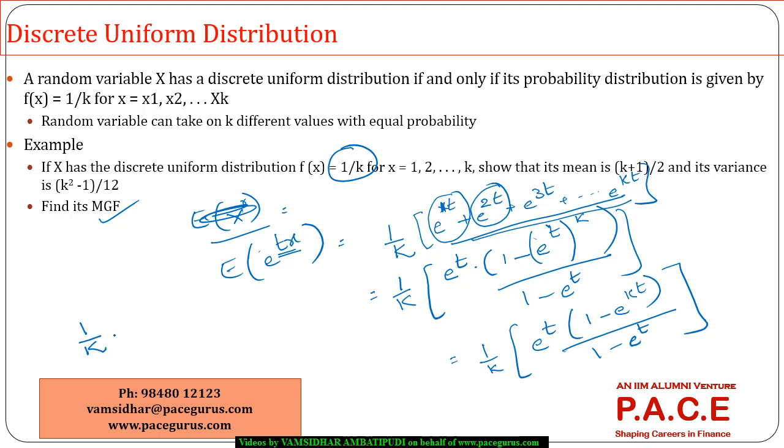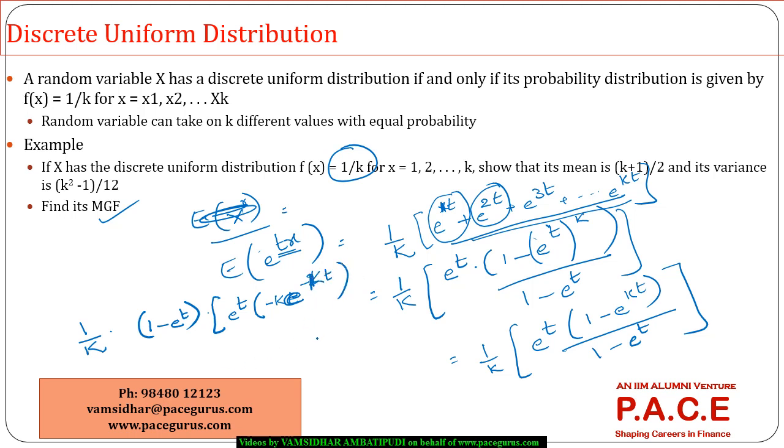So I'll take 1 by k, let me take the derivative of this. 1 minus e to the power of t times the derivative of this, e to the power of t into minus kt times, because I am taking e to the power of t into minus k times e to the power of kt.